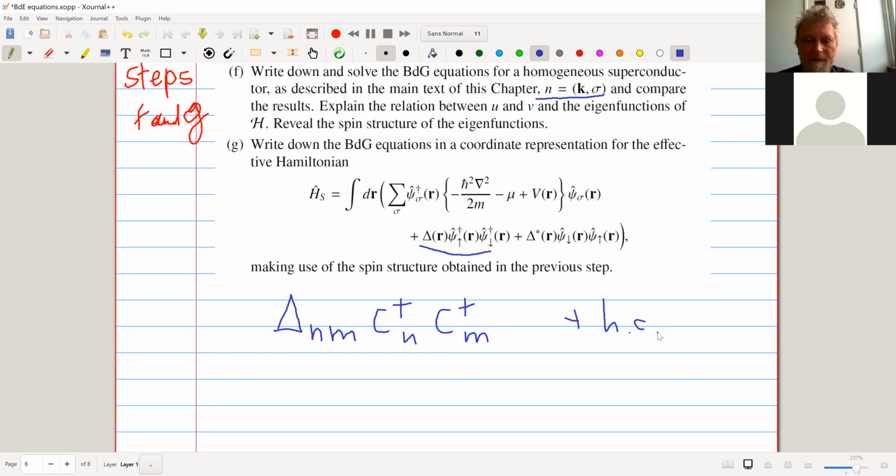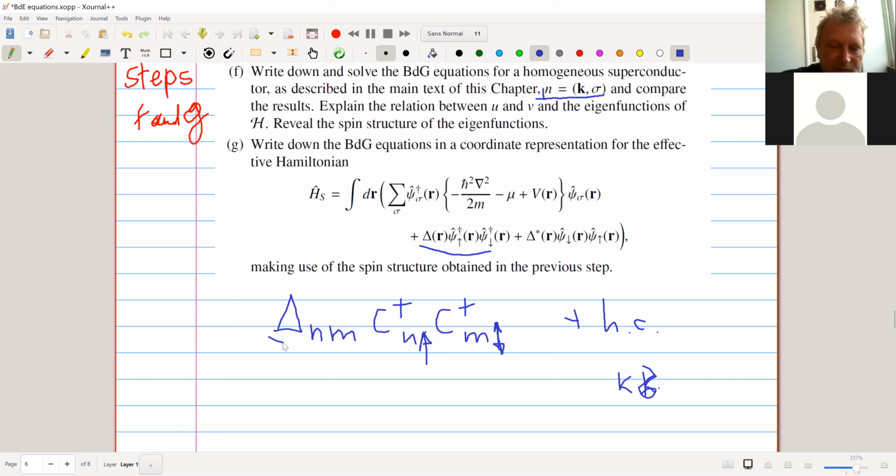And if we neglect spin in this direction, and if you put n to k and sigma, it is important that the c's here come with opposite spins.